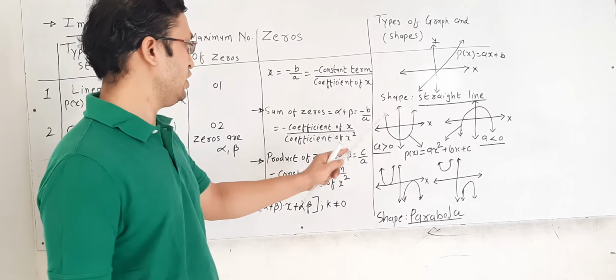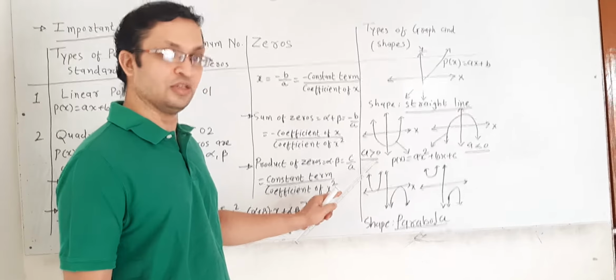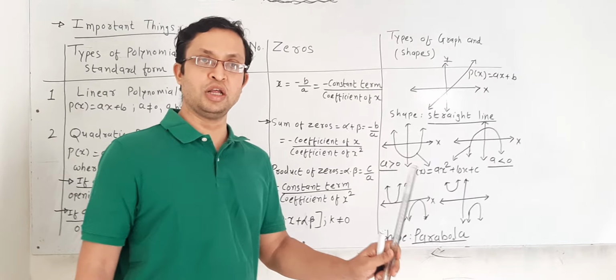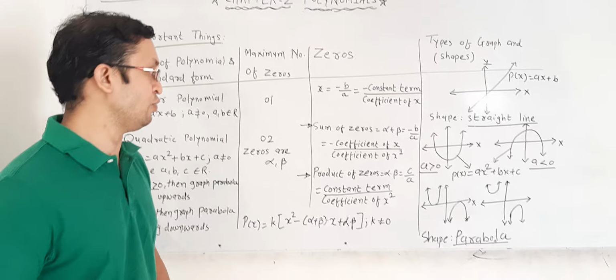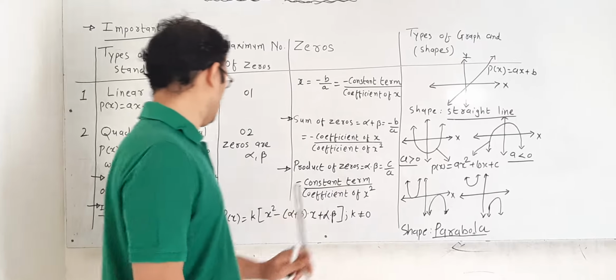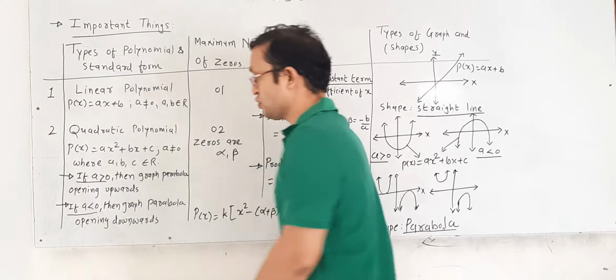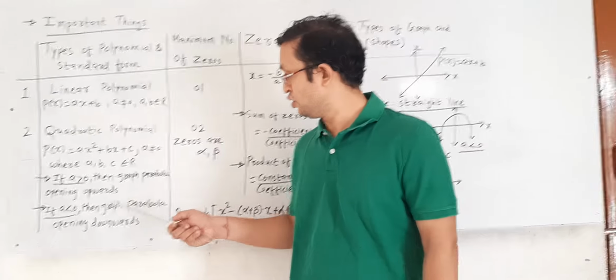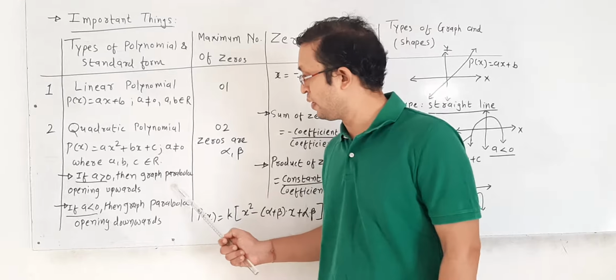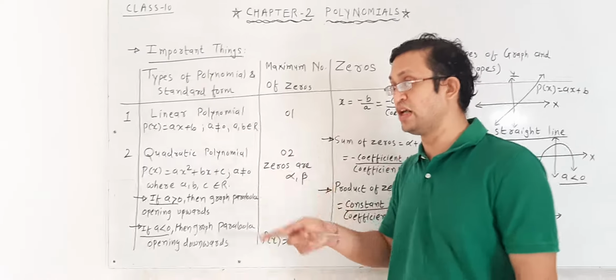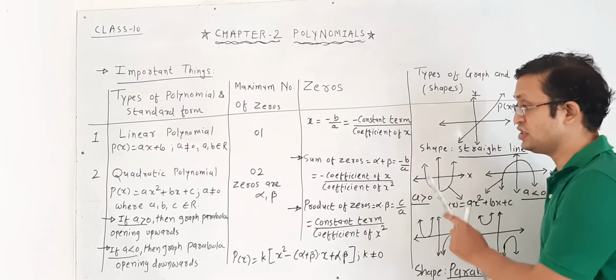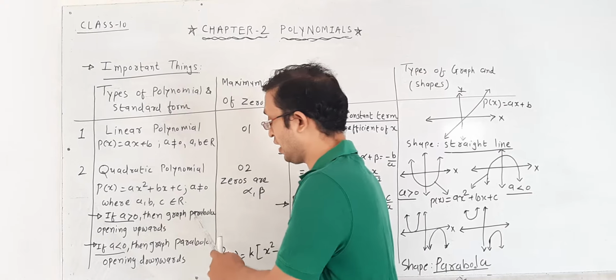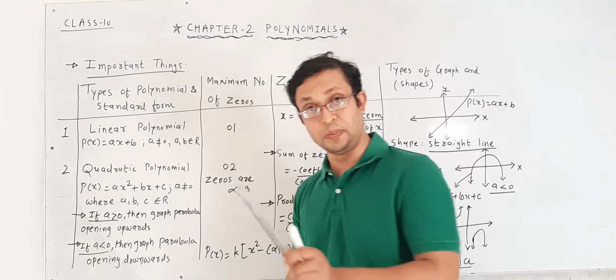Here, if a is greater than 0, in the quadratic polynomial, a is positive. Then the graph of the parabola opens upwards. It will open on the upward side. If a is greater than 0, then the graph of the parabola opens upward.